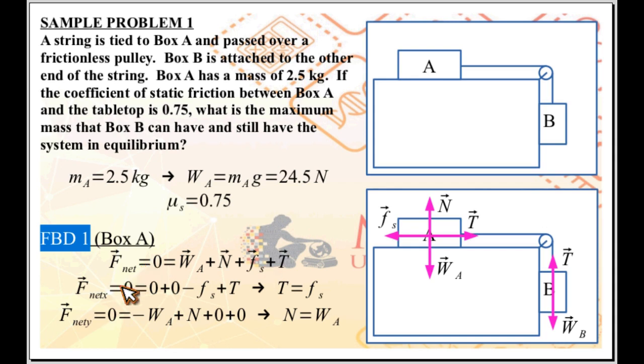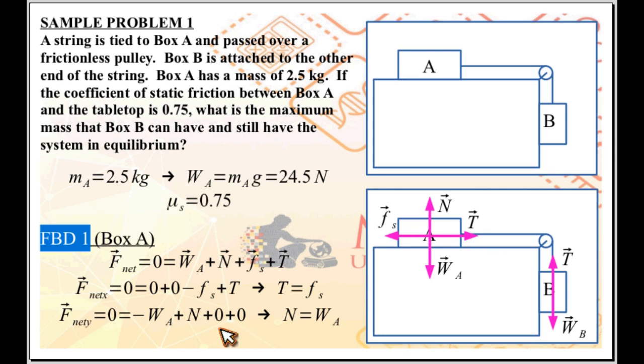Going now to the Y component of F net, you have F net Y. Y component of 0 is 0. Weight A is vertical, negative direction, so minus weight A. Normal force N is vertical, positive direction, so plus N. And as we have mentioned, static friction and tension are both horizontal.